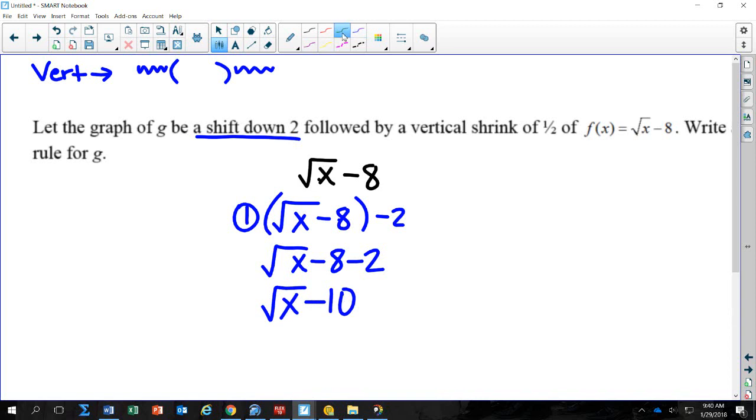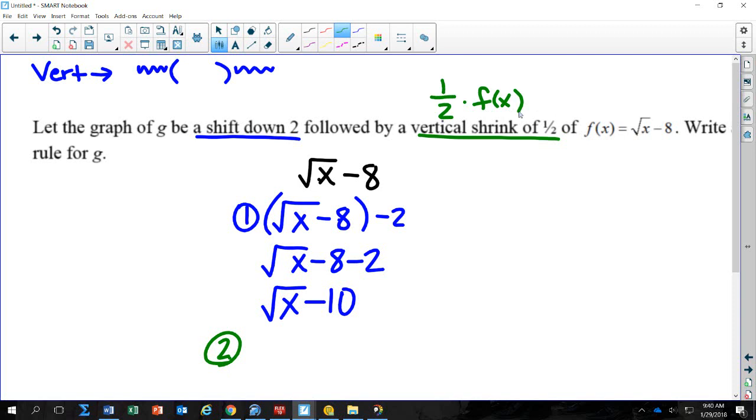Then it says followed by a vertical shrink of 1/2. This is where it gets a little bit tricky. If I want to have the entire function, I want to take half of this function. What do I need to ensure that I take half of the entire function?